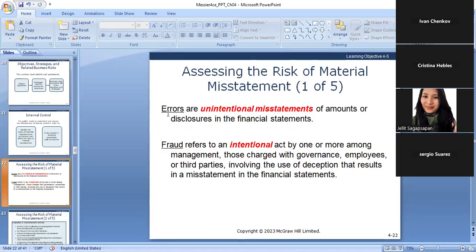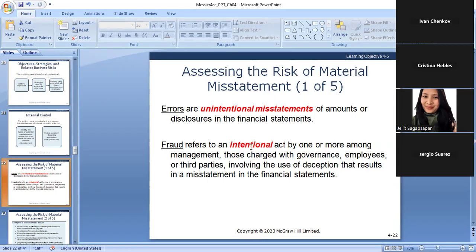One thing is, what's the nature of the error? Error is the unintentional misstatement of the amount or disclosure in the financial statement. That's error. Now, what's the fraud?